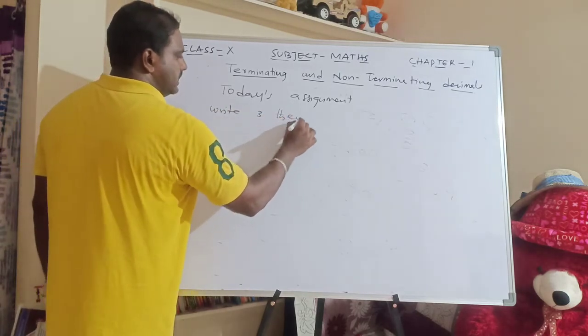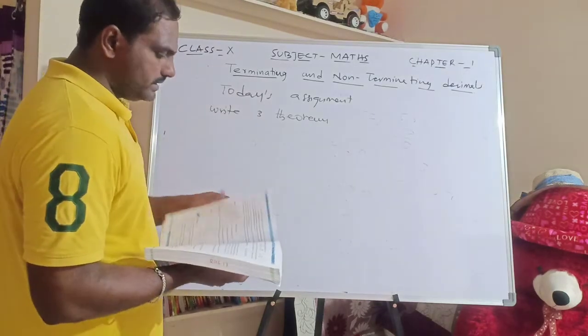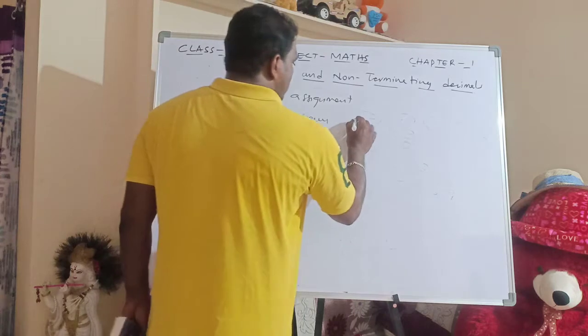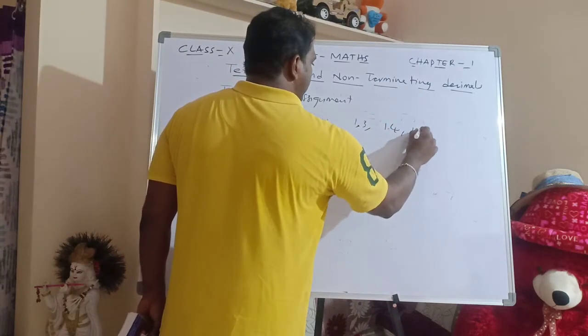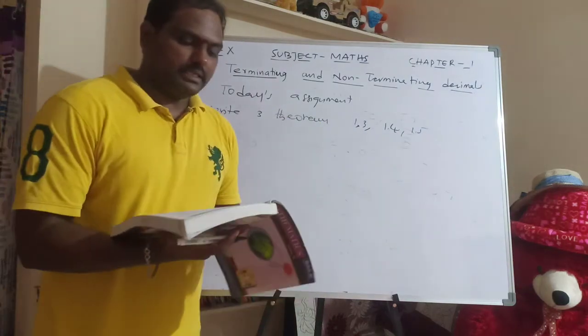Write 3 theorems. What are the 3 theorems? They are theorems 1.3, 1.4 and 1.5 in a row. Continue to write.